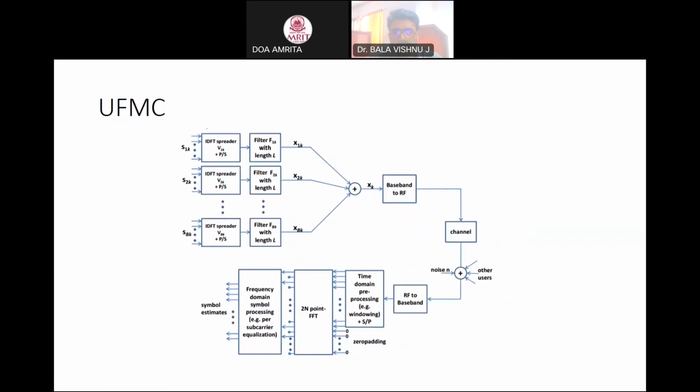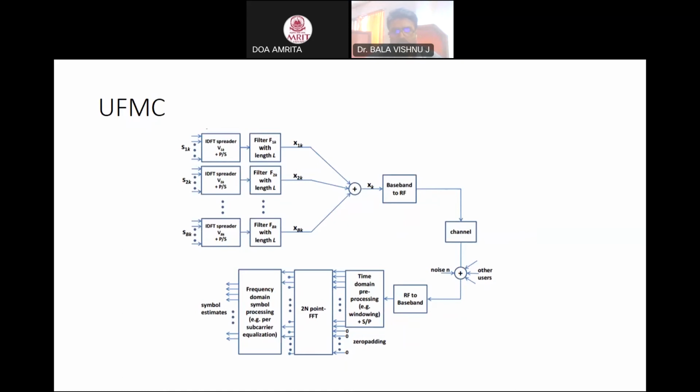And the next important technology in fifth generation communication with respect to the physical layer is universal filter bank multicarrier. In UFMC, we are going to overcome the limitations of the filter bank multicarrier, which designs a filter for each subcarrier.